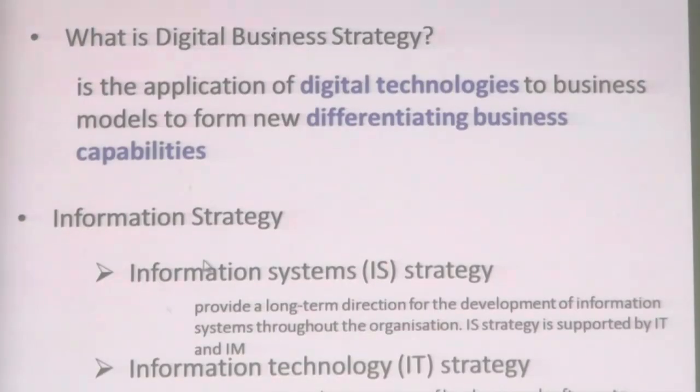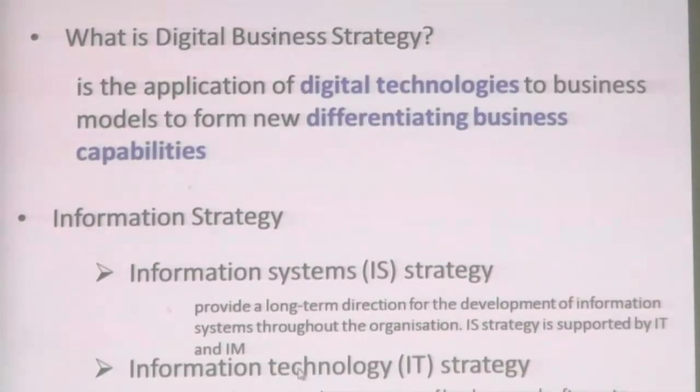I will give a brief introduction about this. Information system strategy, that is IS strategy, provides a long-term direction for the development of information systems throughout the organization. IS strategy is supported by IT and IM.